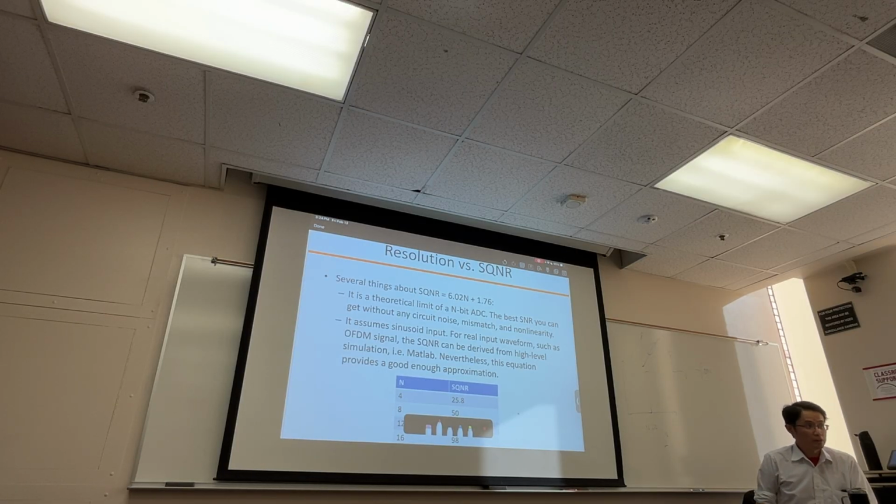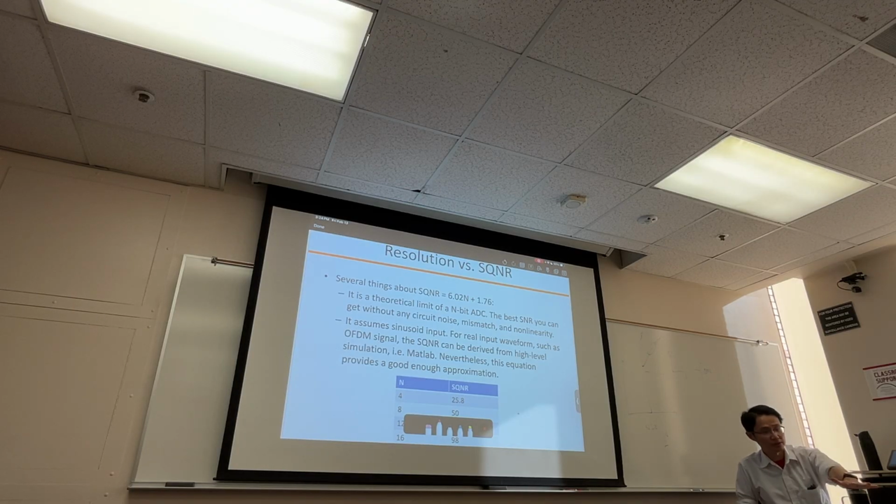There's another good reason why you need to know this number. Sometimes, when I review people's papers, they say, oh, I designed a 10-bit ADC, I get 80 dB SNR. Then you say, okay, try harder next time.